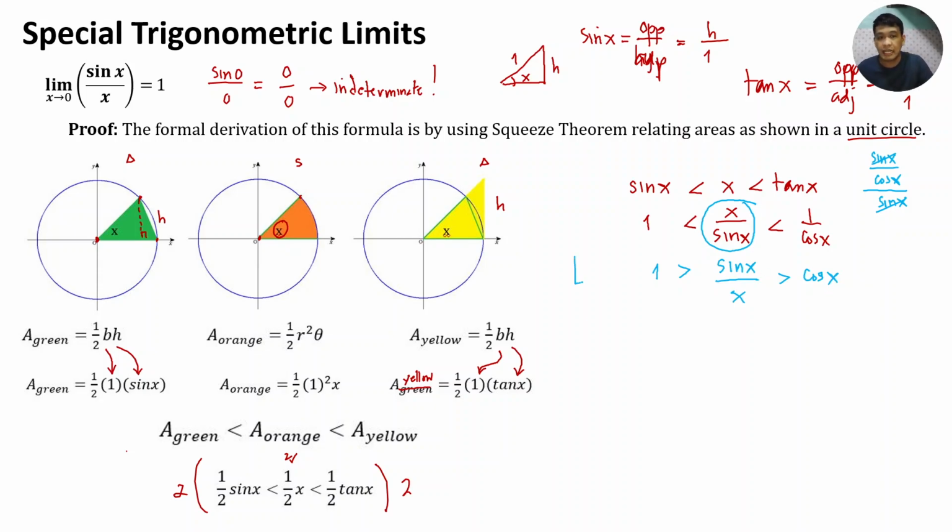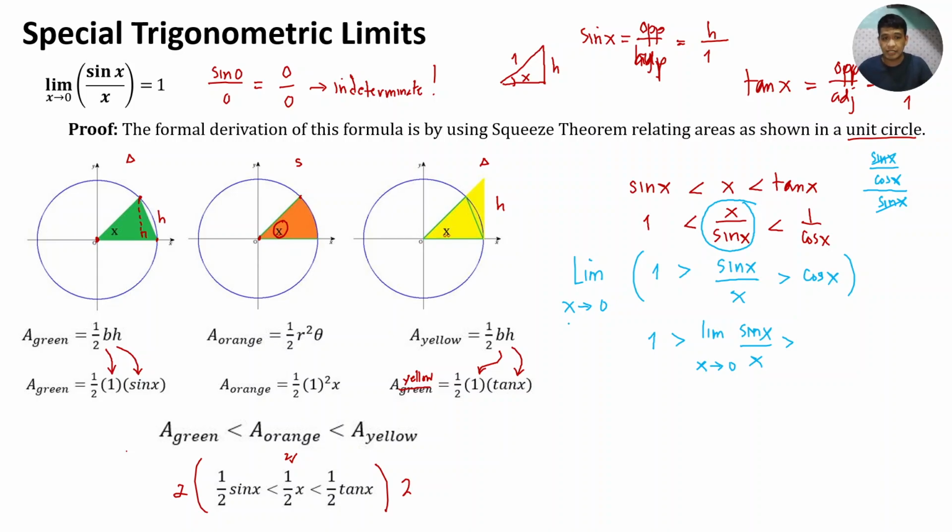So, taking the limit of each term as x approaches 0, the limit of a constant as x approaches 0 is still a constant, which is greater than the limit of sine x all over x as x approaches 0, which is greater than the limit of cosine x.